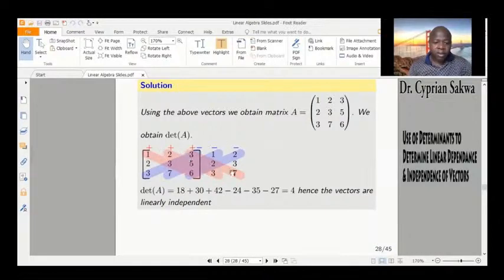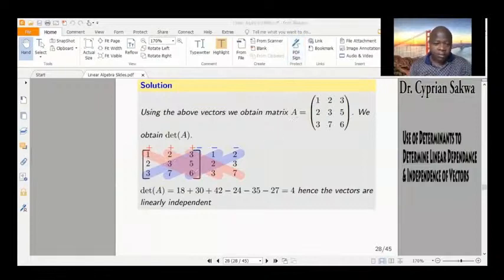So I'll multiply along the diagonals in pink and add the results, then multiply along the diagonals in blue and also add the results. Then I subtract the second result from the first result. That's how I'll be getting the determinant for a 3 by 3 matrix.